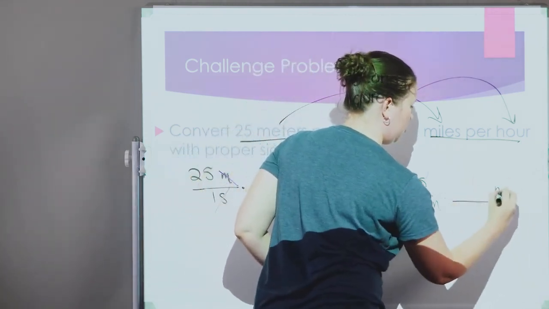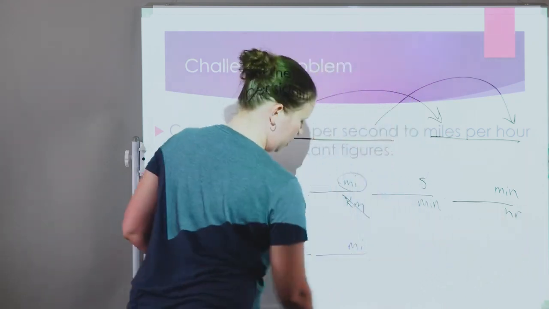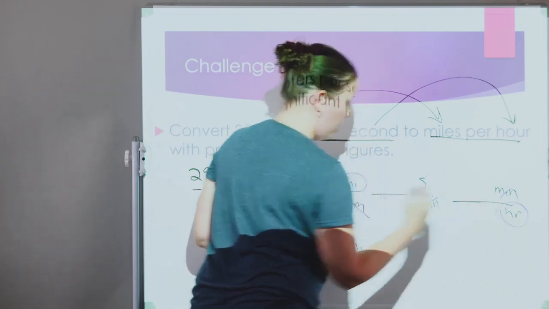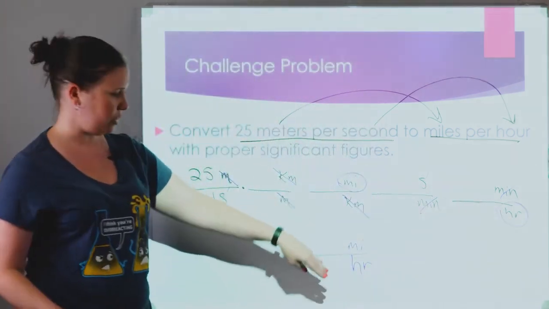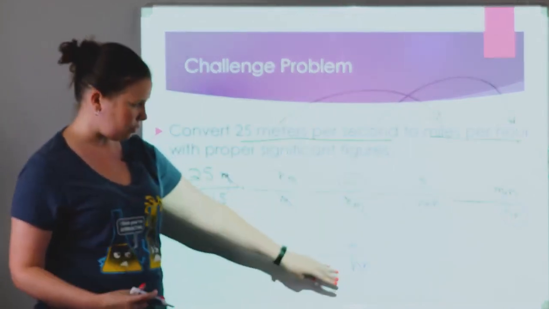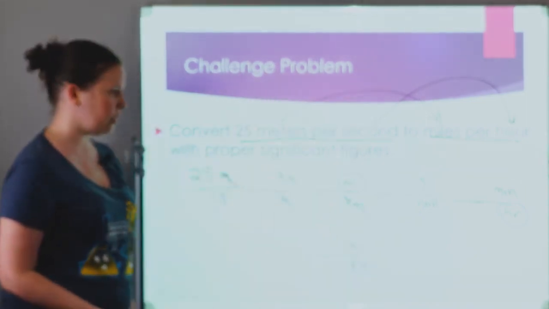Minutes on the bottom, so minutes on top. And then hour on the bottom. So my minutes now will cancel bottom to top, leaving hours on the bottom. So hours will be on the bottom in my final answer, meaning my final answer would then be in miles per hour.